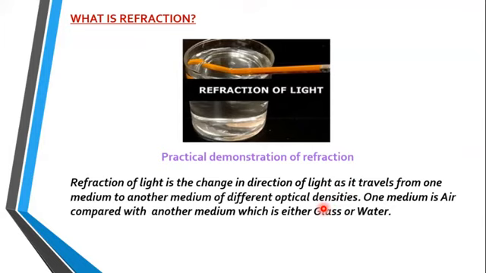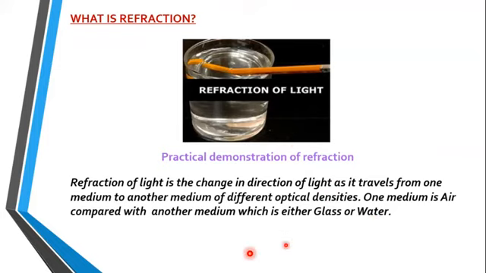Their densities are different. In other words, the compartment of the particles are different. That is why there's a change in direction of the light ray. This is explaining why the pencil has bent. Further explanation will be given as we move on on why the pencil is seen bent in the water.